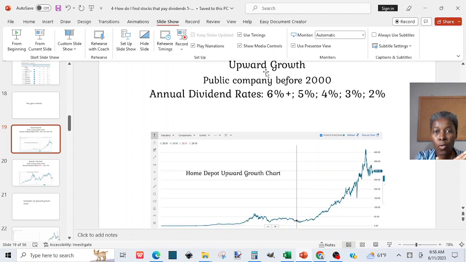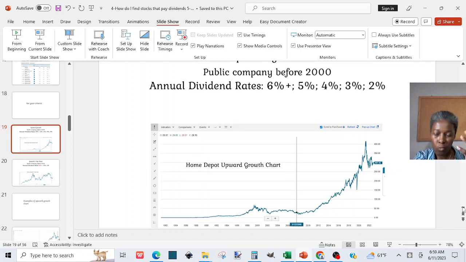And upward growth, I want the company to go public before 2000, and by preference 6% up dividend yield. 5% is good, 3%, 4% good, 3%, 2% if that's a great company. So for that, if you know some companies that have great chart, you can go through those charts to have your brain soak that path.